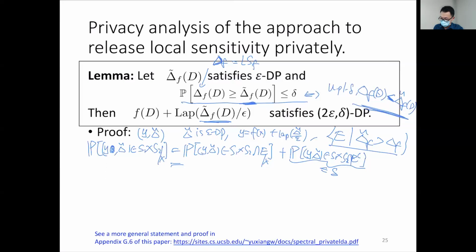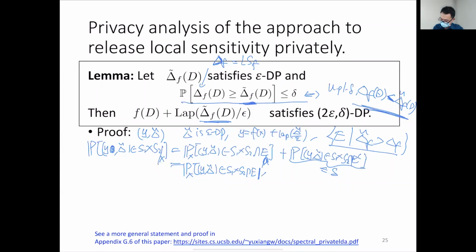under this alternative condition, under E, this upper bound is always a valid upper bound of the local sensitivity, which means that let's first decompose the first part of this into two parts by just using this conditional expansion of this E. So maybe let's write this X over here so that we can actually do conditioning.